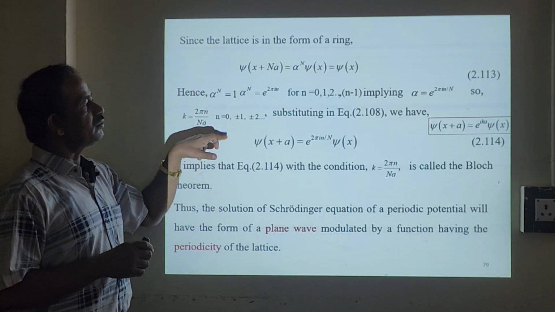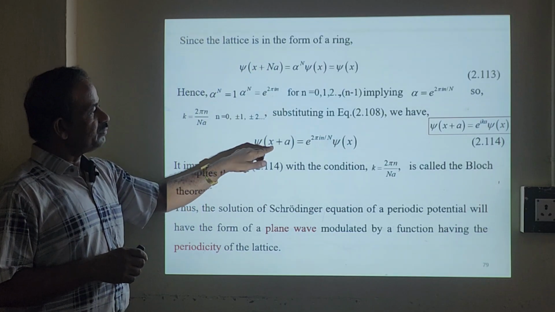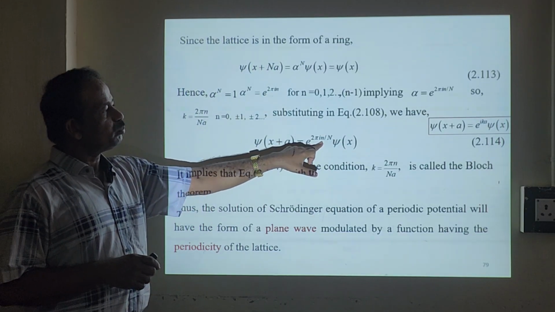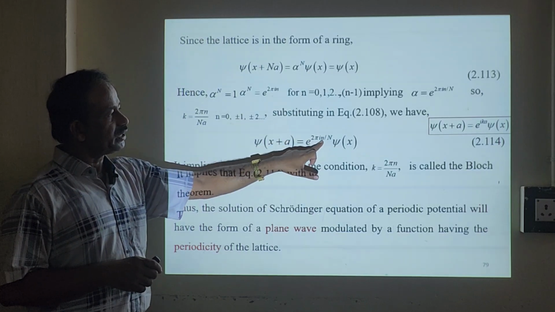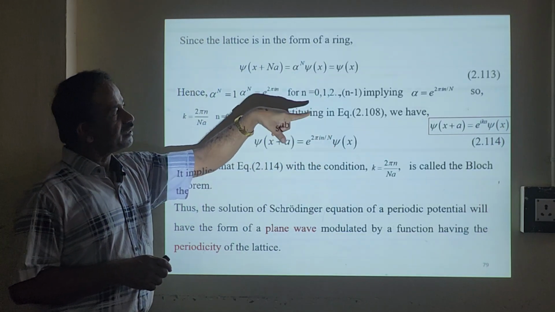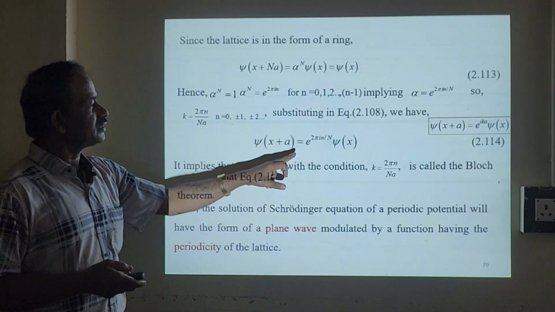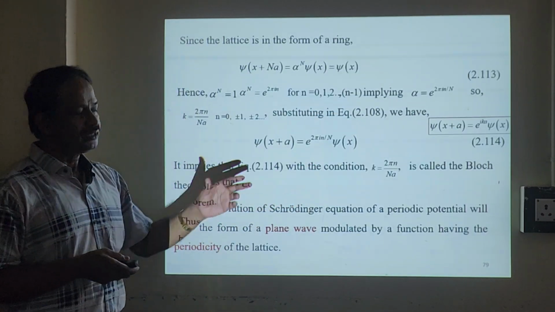If you substitute this value of k, then psi of x plus a will be e power 2 pi i n by N psi of x, where a gets cancelled.